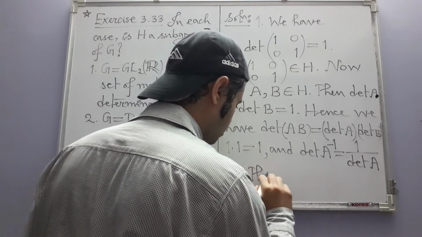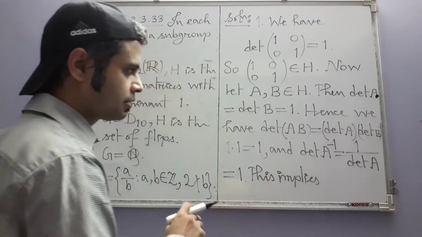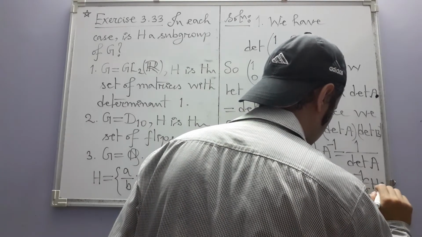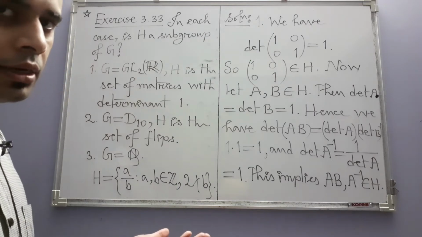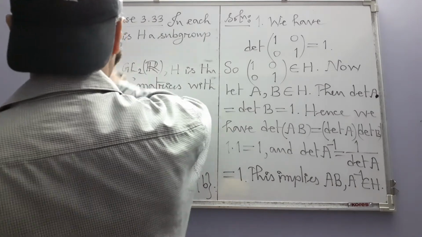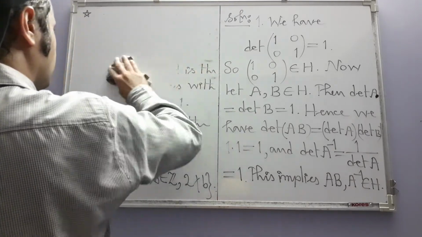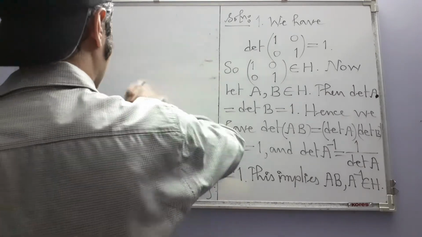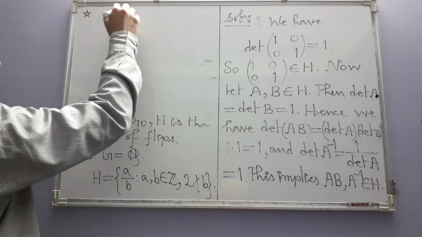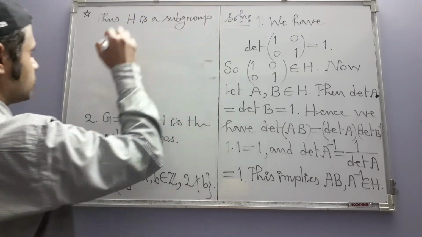This implies that both the product AB and the inverse A inverse are now elements in H. Both of them belong to H, and hence H satisfies all the criteria for being a subgroup of G, so it is a subgroup of G. So the first subset turns out to be a subgroup of G. Thus, H is a subgroup of G.